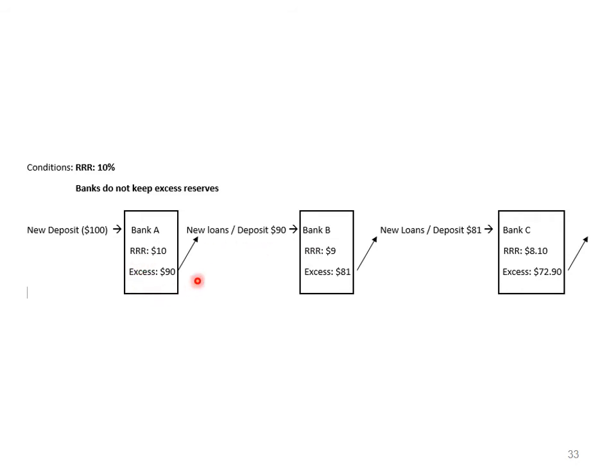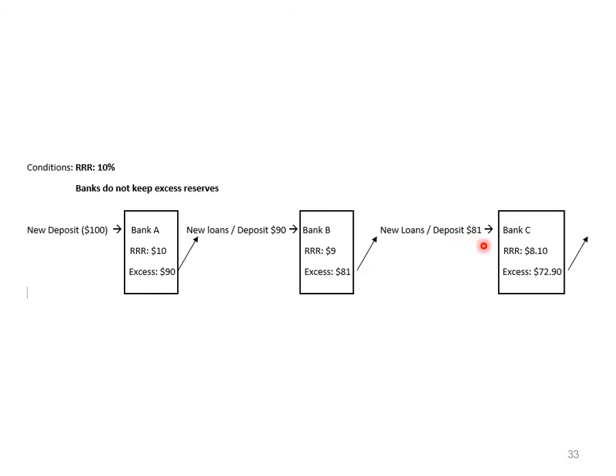Deposits are being created from an initial new deposit of $100 that's held in Bank A, because it was first deposited into Bank A. Now Bank B holds a new deposit of $90, and Bank C now holds new deposits of $81.